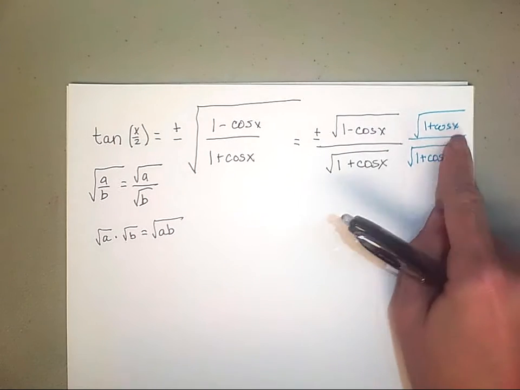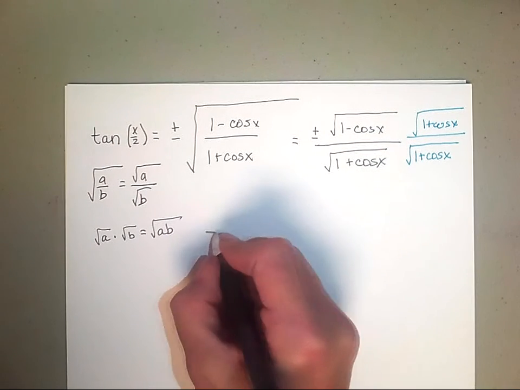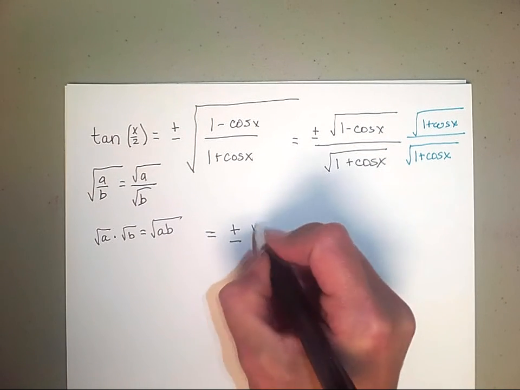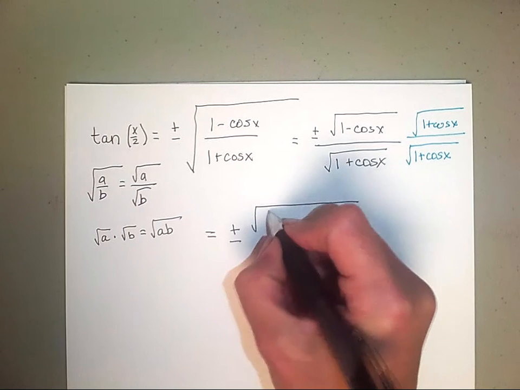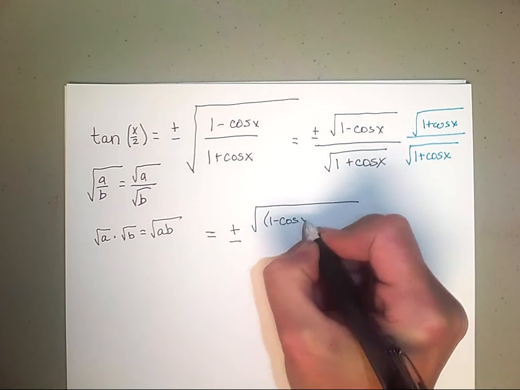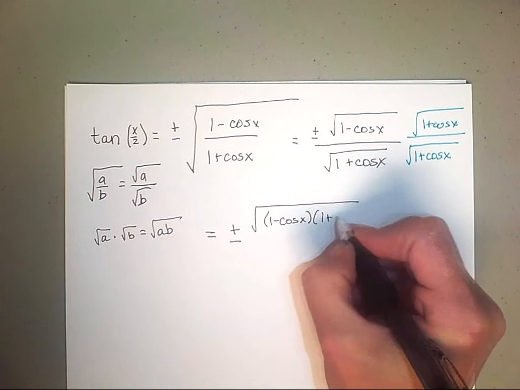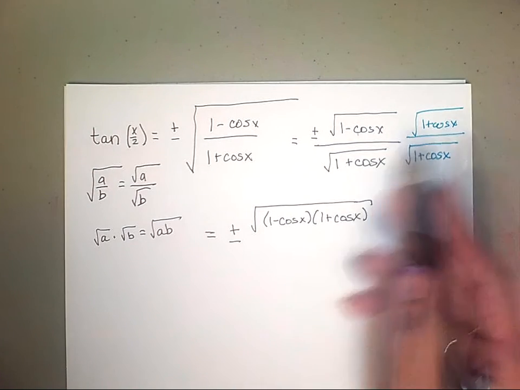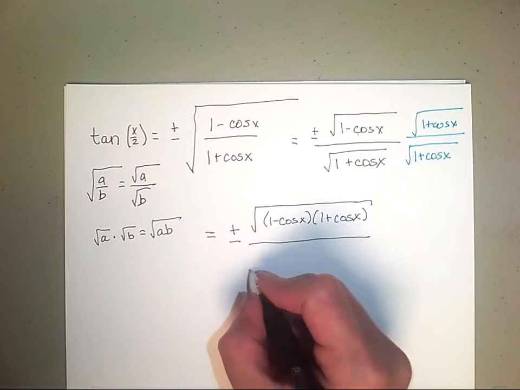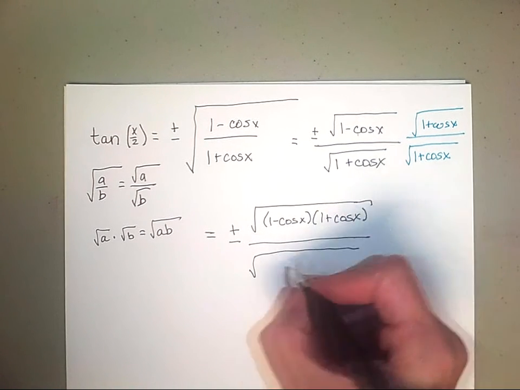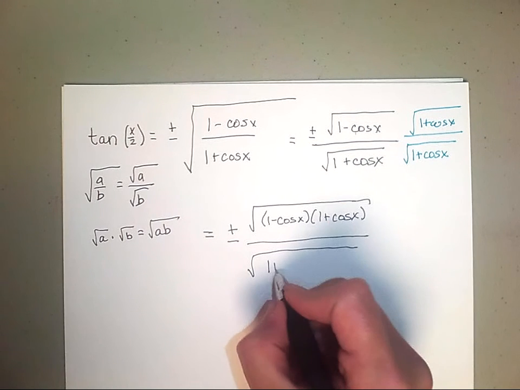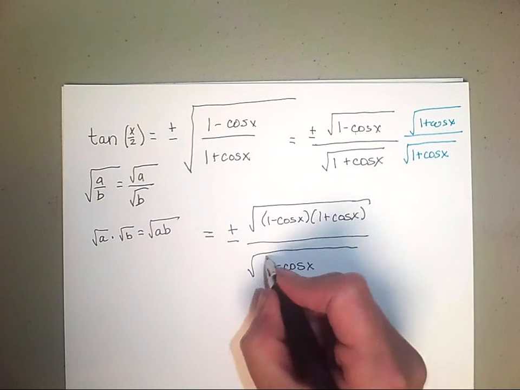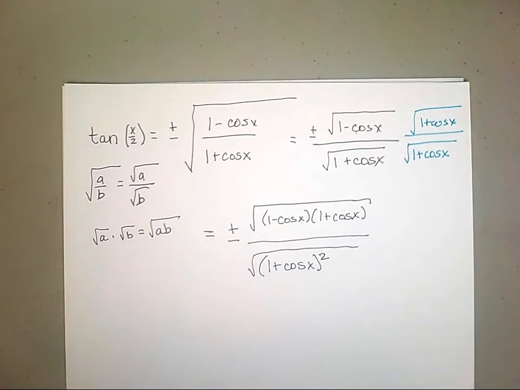Okay? So I'm multiplying here. So what I can write this as plus or minus the square root of 1 minus the cosine of x times 1 plus the cosine of x. Okay? That's our numerator. Divided by 1 plus the cosine of x, that quantity squared.